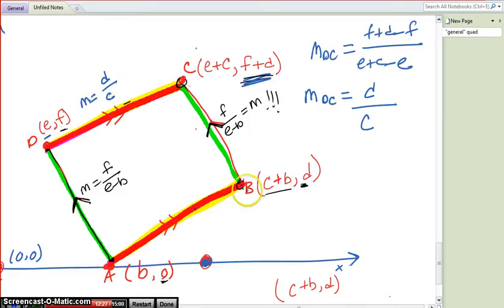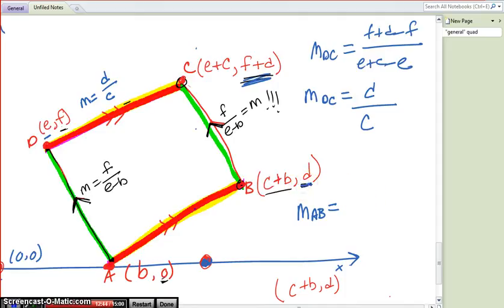If we find that the slope for line AB is the same, then we will have a proof for this very bold statement that no matter how you connect the midpoints of any quadrilateral, you will always get a parallelogram.